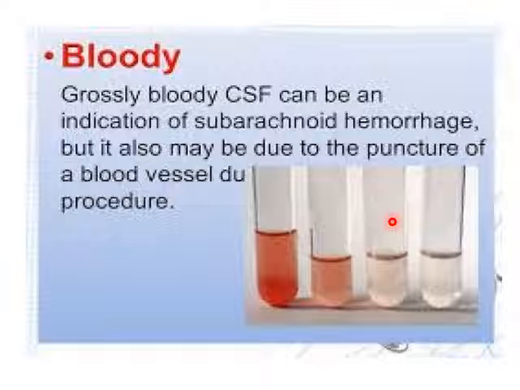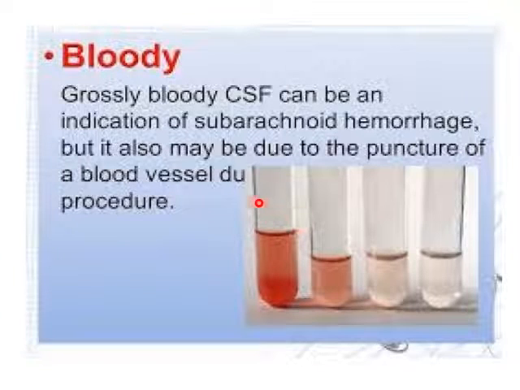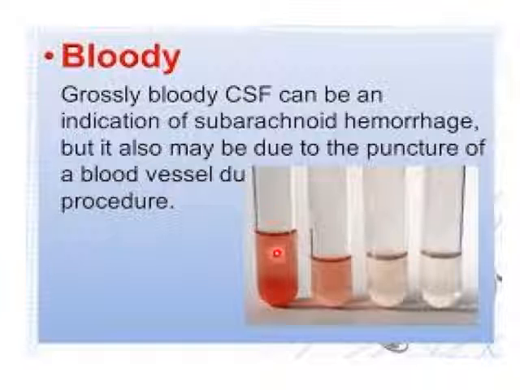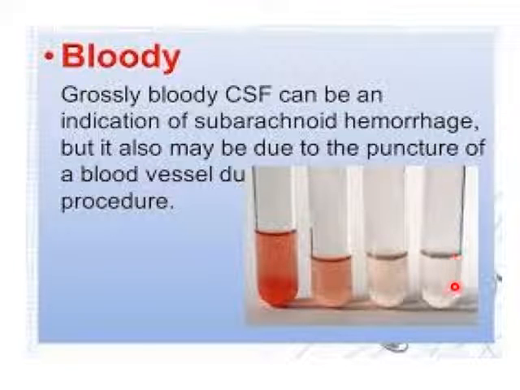You caused injury of a vessel. So when you are tapping, the first tube will be bloody. The second, the red color will fade somewhat. The third will be more clear, and after that it may return to normal. So this is the iatrogenic or traumatic tap.